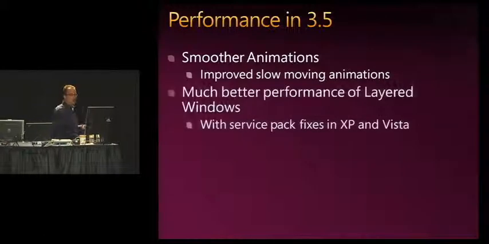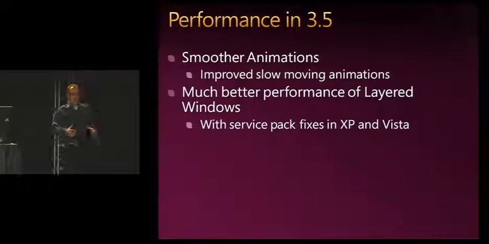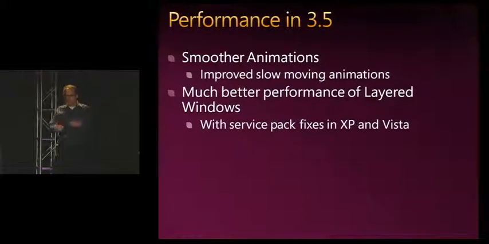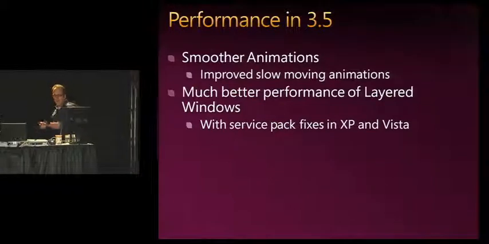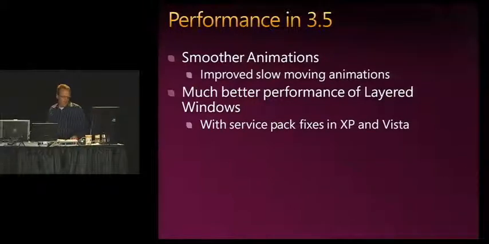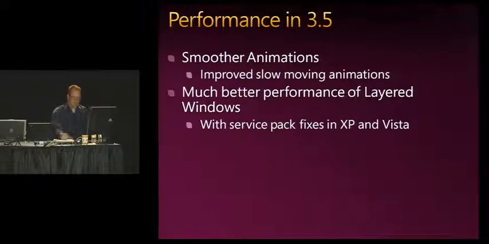We've also done a lot of great work to make sure that layered windows that allow transparency set to true perform much better on both XP and Vista. And there's some fixes that are available for both XP and Vista. And I'll point to that in my blog.